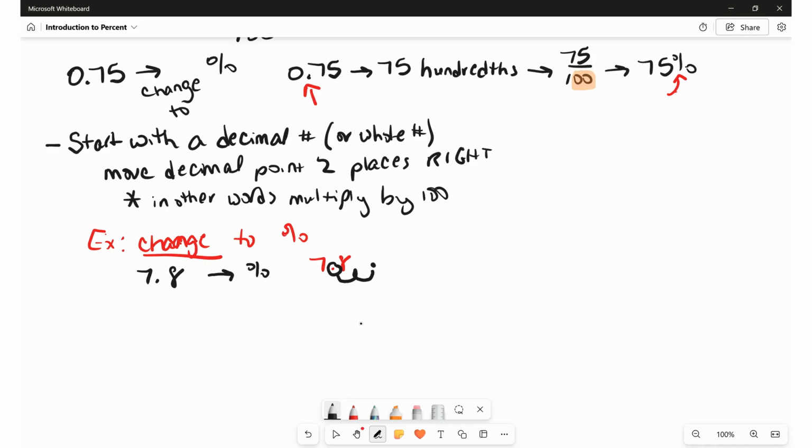Because we've got this nice open space right here, we have to fill that in with a 0, which means that 7.8 is the same as 780%.